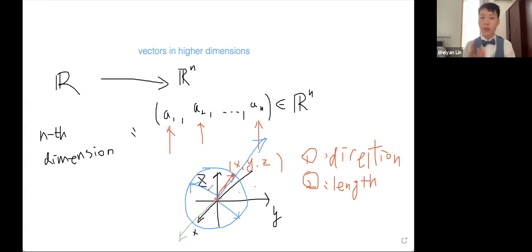So these two pieces of information are important for distinguishing vectors. They are also important to extract from a vector, because we need the direction to determine the line passing through this vector. Also, sometimes we need the length to do orthogonal projection. Those are later on. Okay.